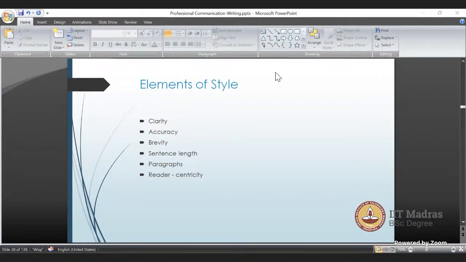Whereas if you're writing for a very different audience, say students or children, then you're going to maintain a very different style of writing, right? So reader centricity in writing is very important. This ties back to your first point on clarity, that you need to identify your audience well before you write. Keep your reader in mind, and if you know the reader and reader psychology, you can be a better writer.